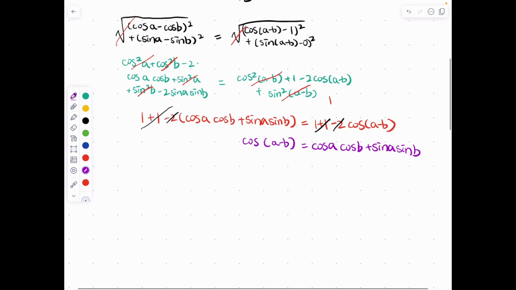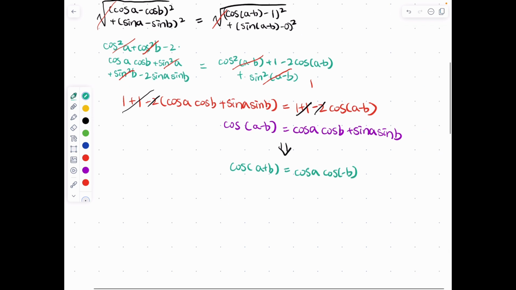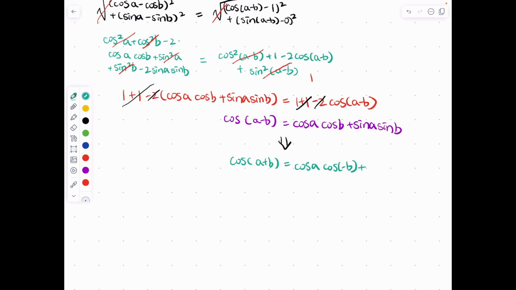And through that, let's find cosine of a plus b. So that will be equal to cosine of a cosine of negative b plus sine of a sine of negative b. Since cosine is an even function, cosine of negative b is equal to cosine of b, but sine of negative b will be equal to negative sine of b.